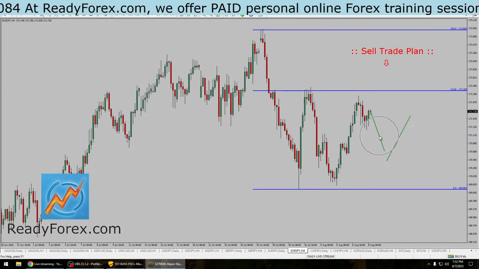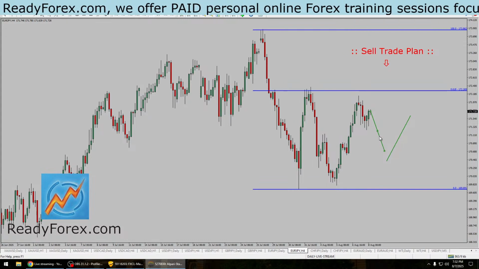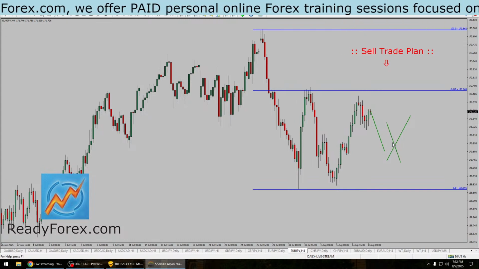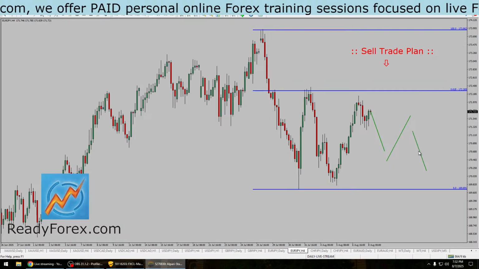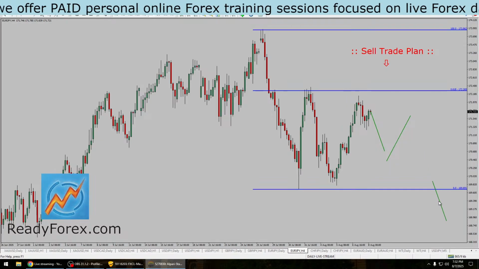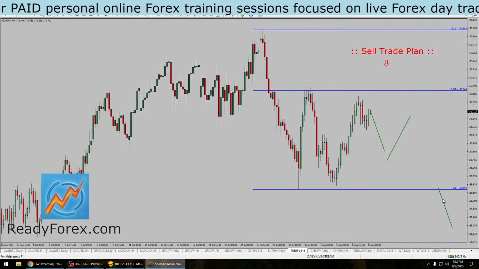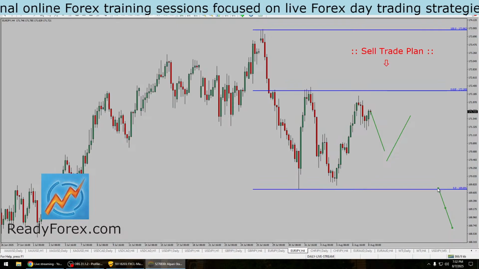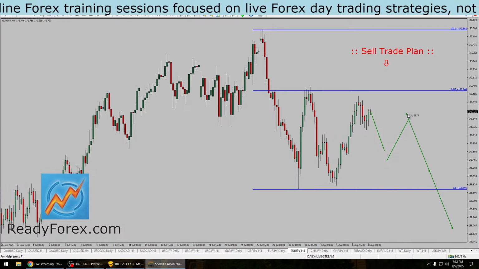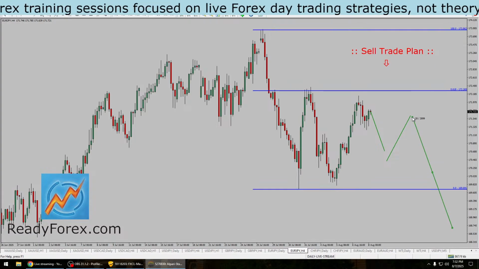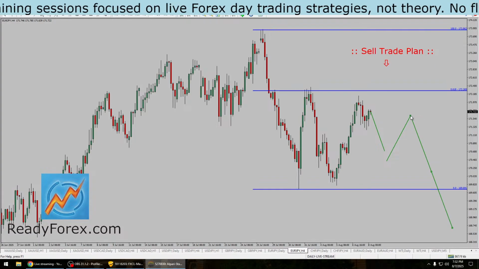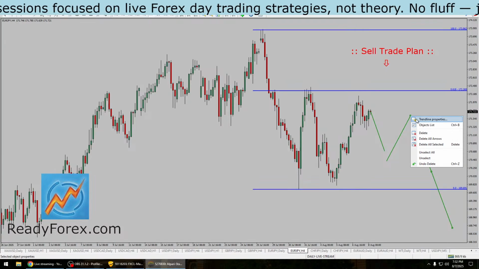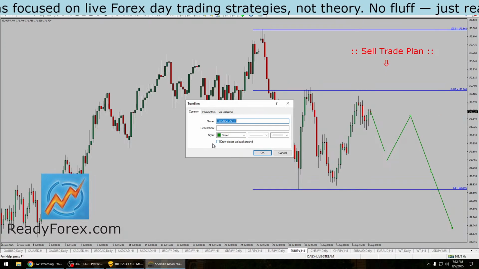Now, triangle will take time to complete, so inside Euro Yen currency pair, the price is mostly going to move this way. Let me change the color.